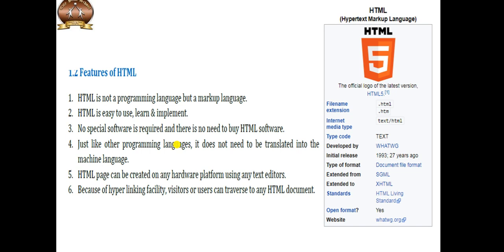No special software is required, as only two things are required for HTML. One is the text editor, that is Notepad, the simplest, and the other is the web browser. Both of them need not be bought. They are there in our computers, and we just have to learn the language to make the website.